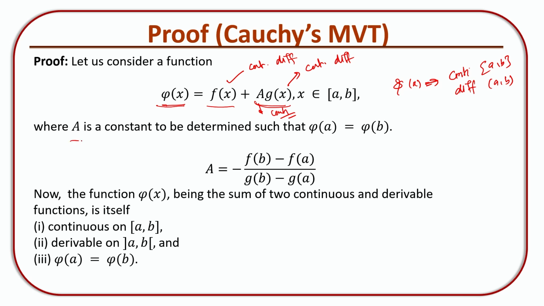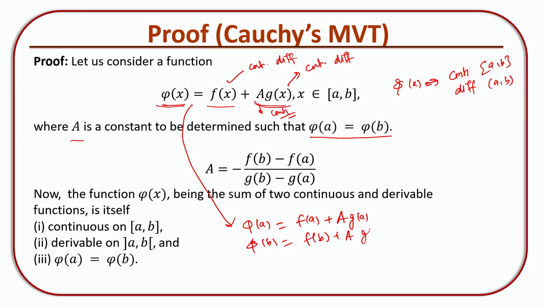Now, choose a such that phi(a) equals phi(b). Let us calculate phi(a) and phi(b) first. Using our assumptions, phi(a) is equal to f(a) plus a into g(a), and phi(b) is equal to f(b) plus a into g(b). Now, phi(b) minus phi(a) is equal to f(b) minus f(a) plus a into (g(b) minus g(a)), clearly.